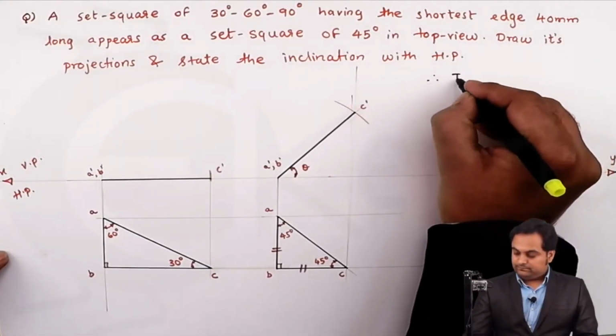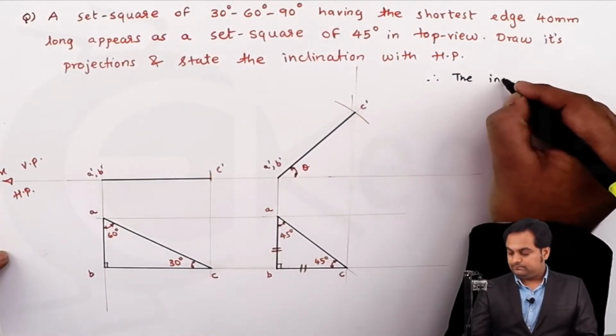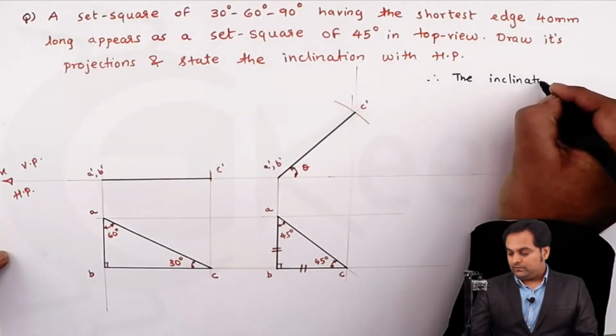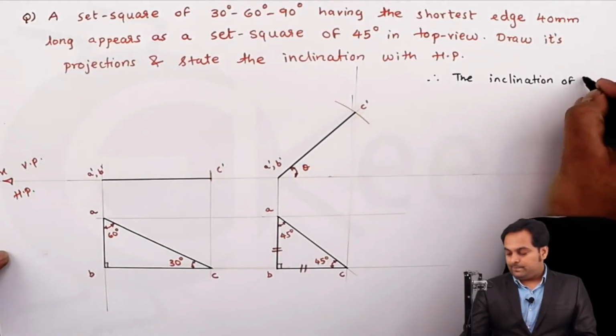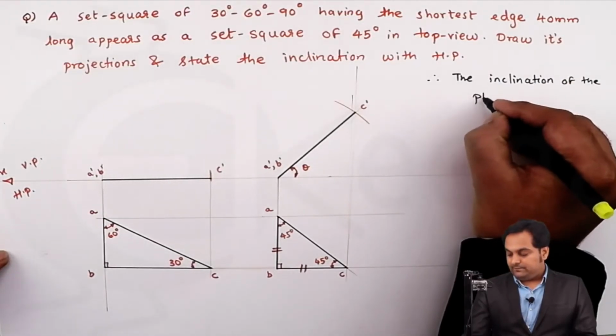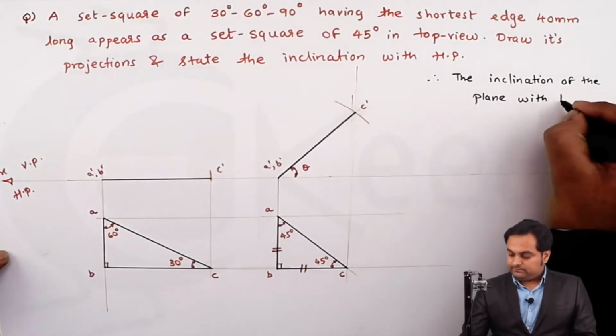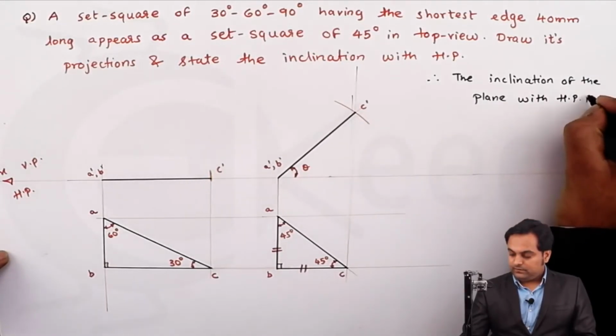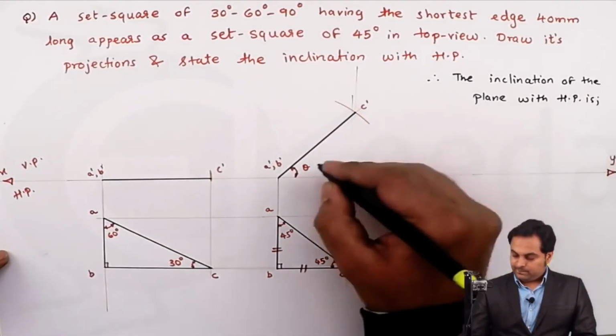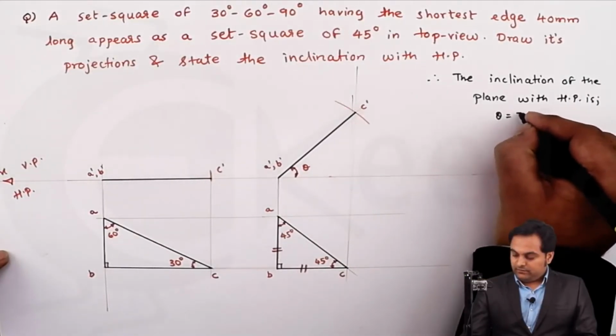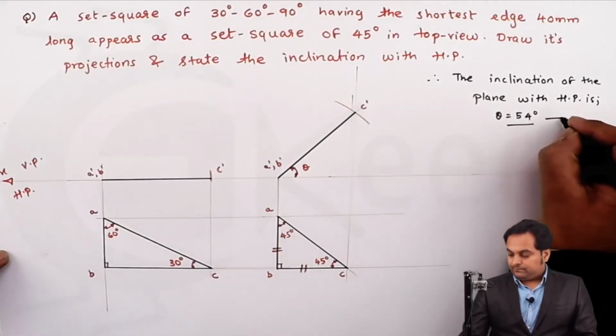Therefore, the inclination of the plane with HP, theta, is equal to 54 degree.